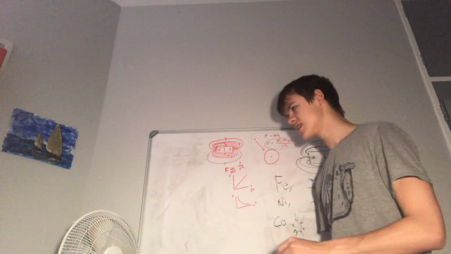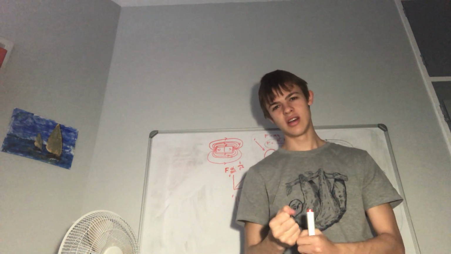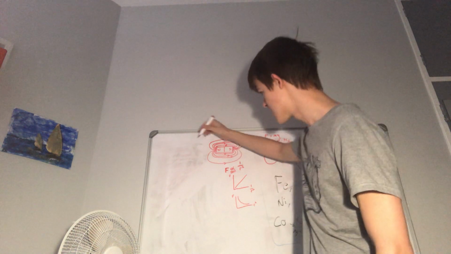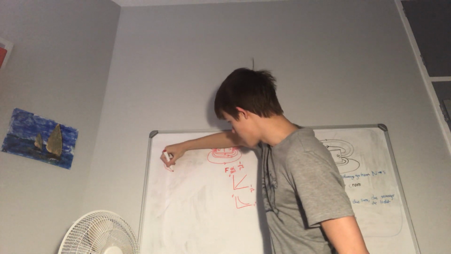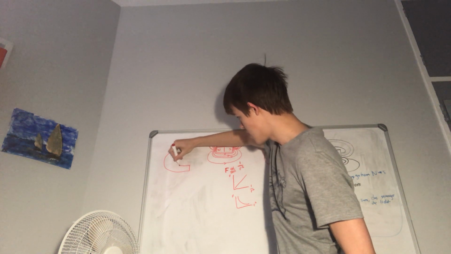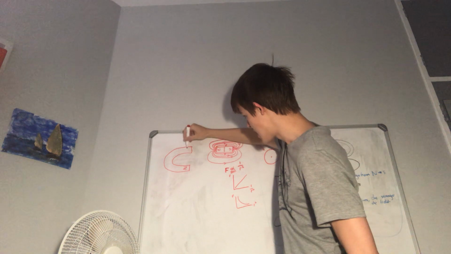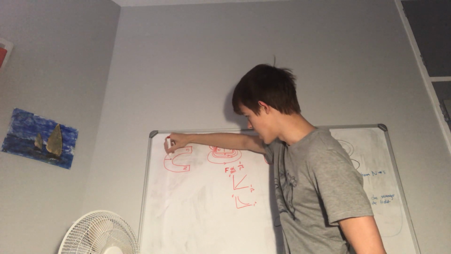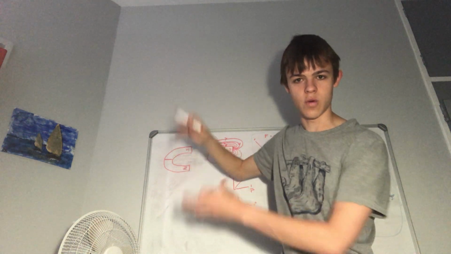The other thing you'll see is those horseshoe magnets that look like this. I'm going to try to draw it the best I can, but we'll see. Your one side is north, your other side is south, and then you can draw a line over there just to indicate north and south.